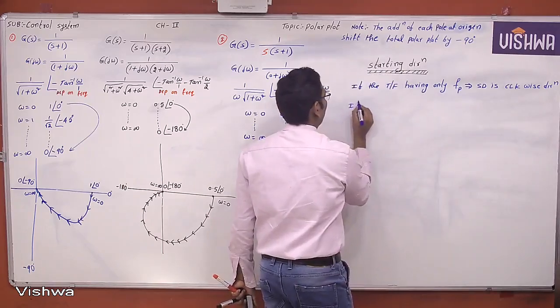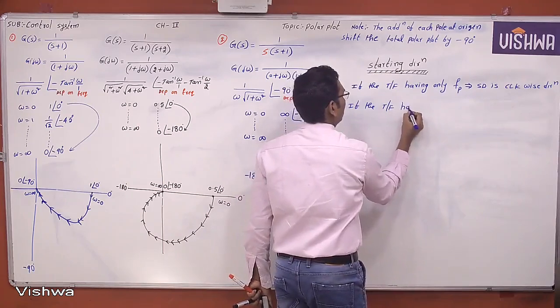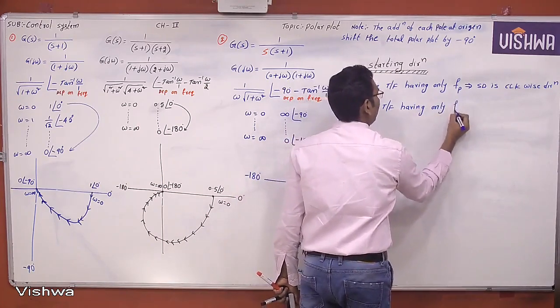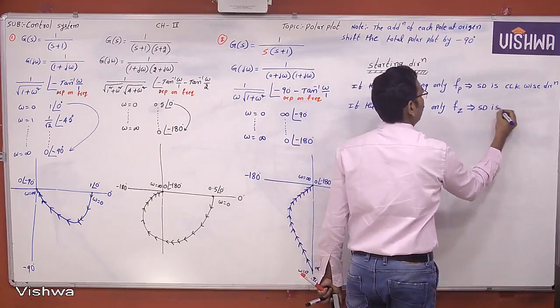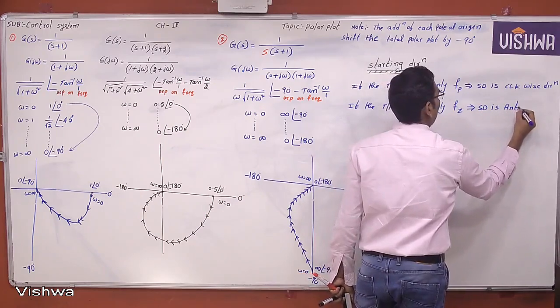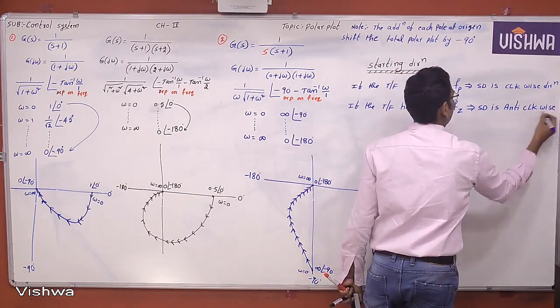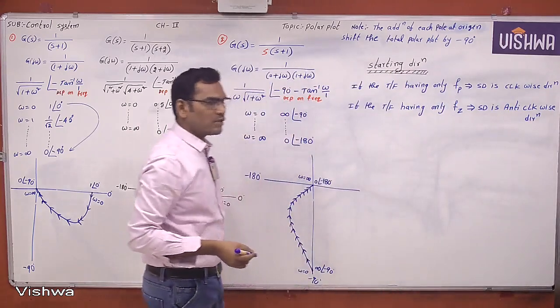If the transfer function is having only finite zero, then the starting direction is anti-clockwise direction. Sir, is this statement correct or not? Then we will cross check.